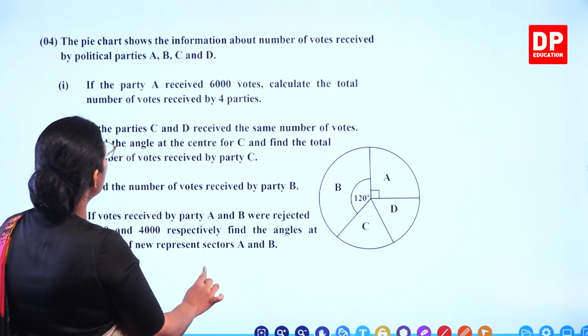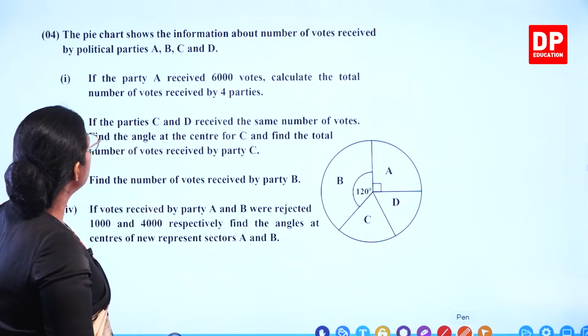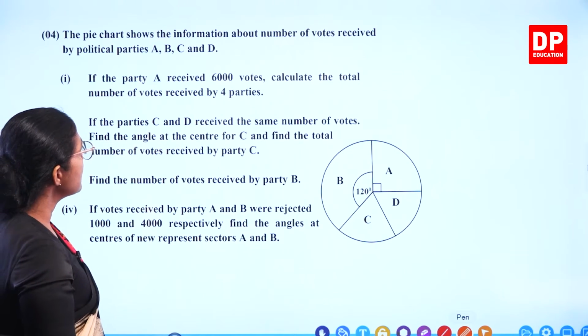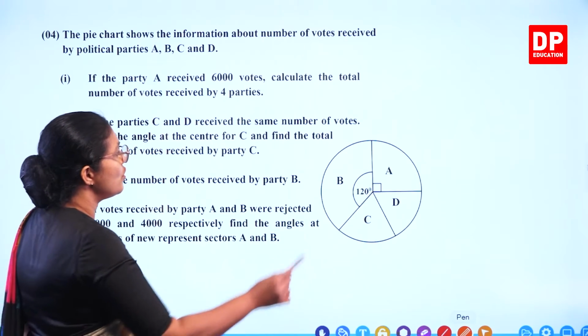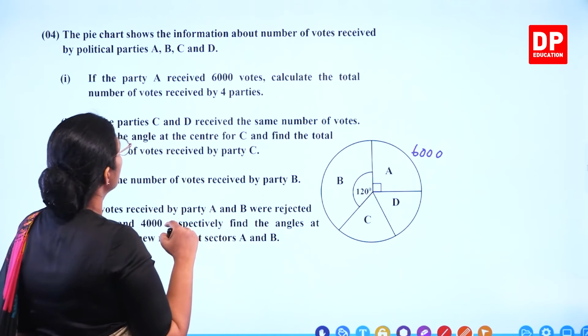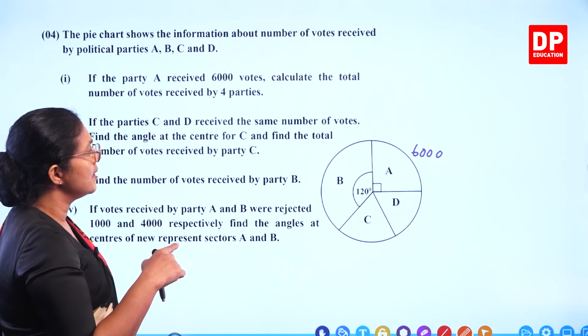The pie chart shows the information about number of votes received by political parties A, B, C, D. If the party A received 6,000 votes, so 90 degrees means 6,000. Calculate the total number of votes received by 4 parties.